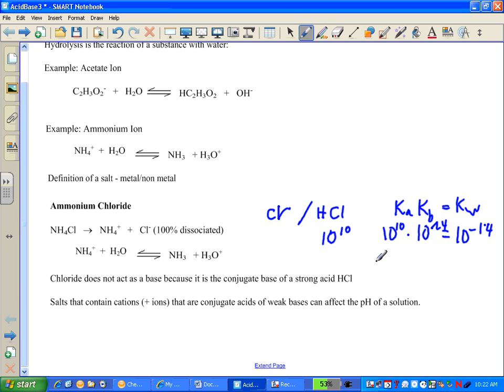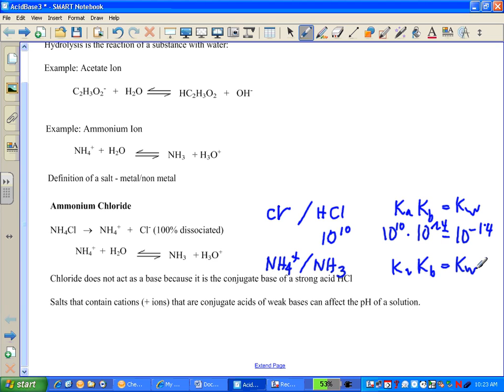In the case of NH4+, its conjugate is actually NH3, which is a weak base. So when you have a conjugate that comes from a weak base or a weak acid, it will actually have the ability to affect the pH. So in this case, the NH3 has a Kb value of 1.8 times 10 to the negative 5.